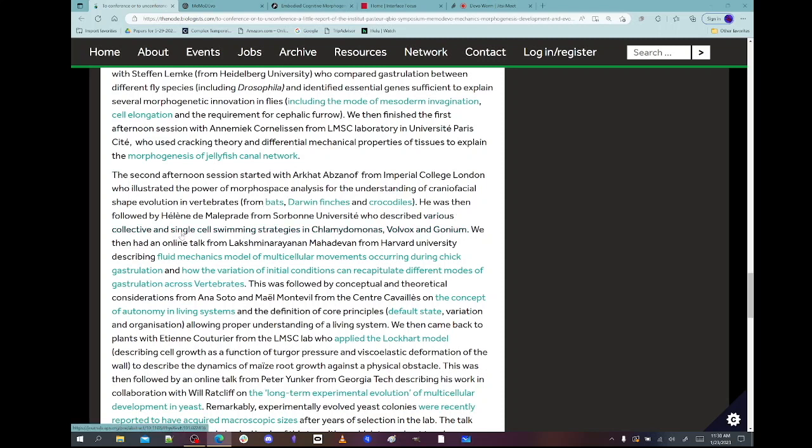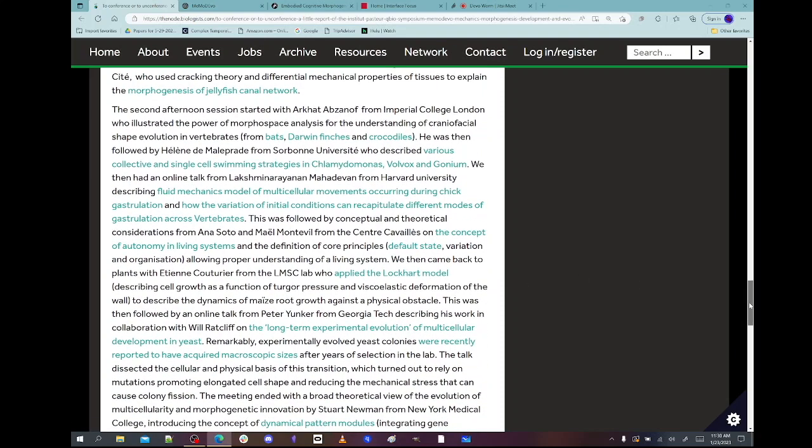Also looking at different swimming strategies and collective behaviors in Volvox, Gonium, and Chlamydomonas. These are all single-cell organisms, so they're very different from our context of flies and mammals and other types of vertebrates and invertebrates. And so this just provided a nice contrast to some of those systems.